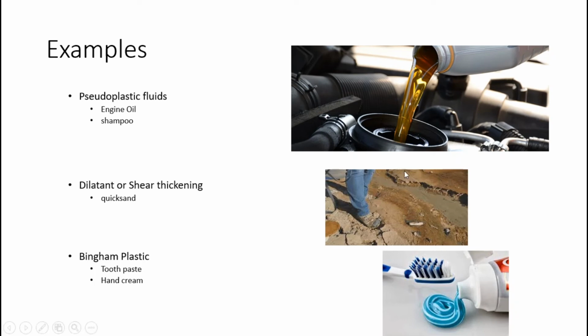You can see here a picture. For dilatant or shear thickening, quicksand. You can see it looks like solid, but when a victim walks on it, it sinks. But for Bingham plastic, examples can be toothpaste or hand cream. You can see there's a picture.